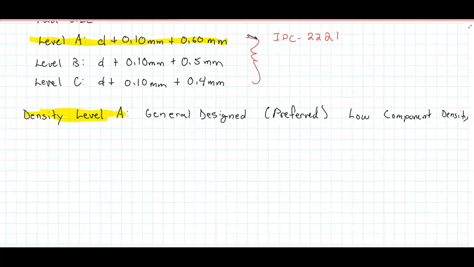Then you get density level B, and as you can say, this is moderate density.